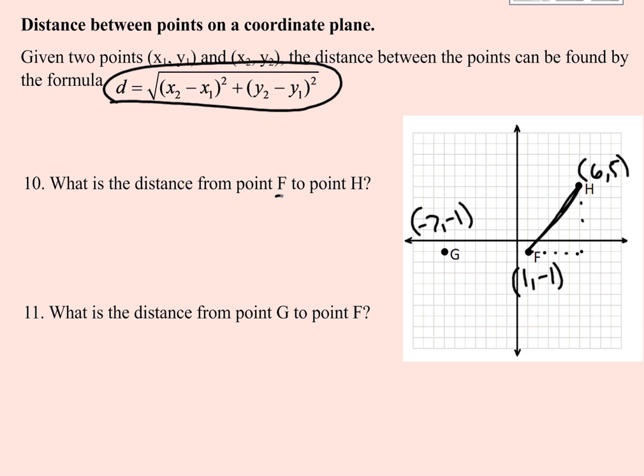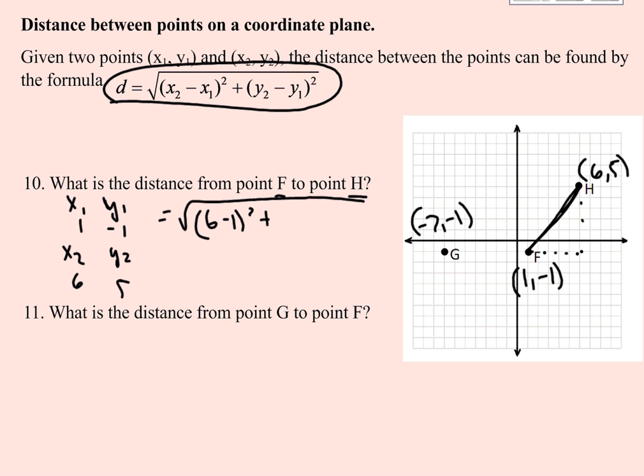So from F to H, x1 is going to be 1, y1 is going to be negative 1, x2 will be 6, y2 will be 5. Now here's where I play a little fill in the blank. My answer is going to be the square root of 6 minus 1 squared plus 5 minus negative 1 squared.